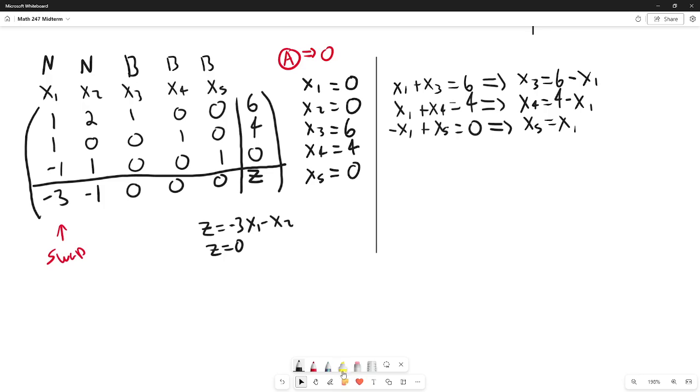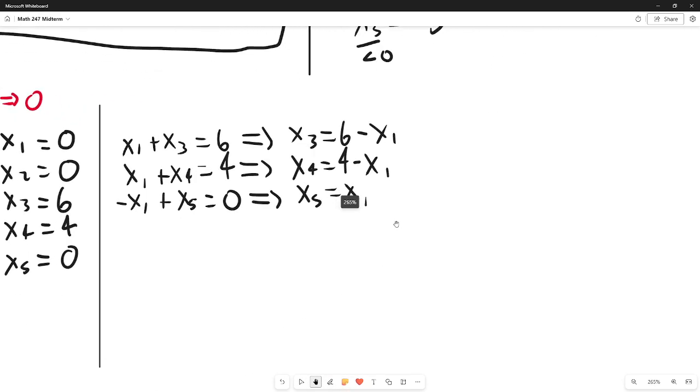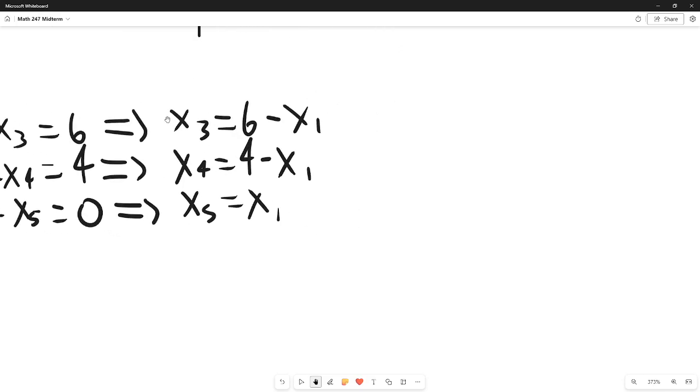And for each of these variables, we want to see how high x3, x4, and x5 can go if x1 increases. Remember that x3, x4, and x5 must be non-negative. So we want to see how high x1 can go without turning x3 negative.